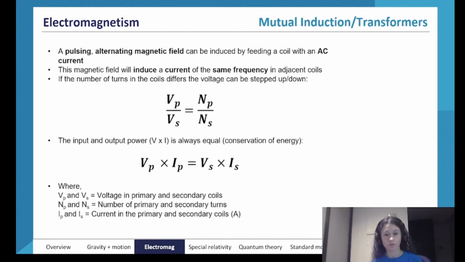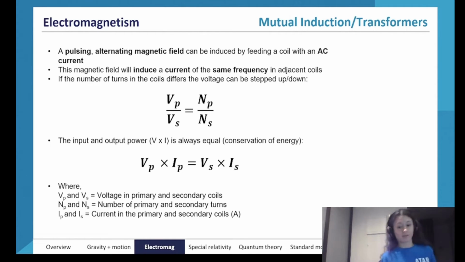So recall the use of transformers is, of course, if you are transporting electricity across long distances, such as in power lines in rural areas, you need to have a high voltage because that will reduce the power loss. However, when you're actually using power or electricity in your home, you don't want that larger voltage.